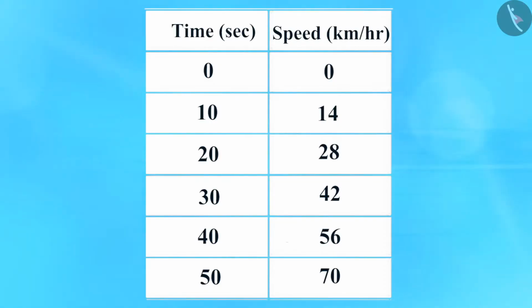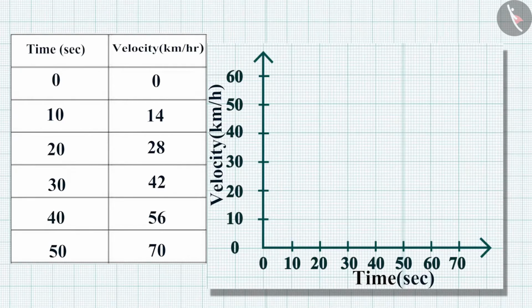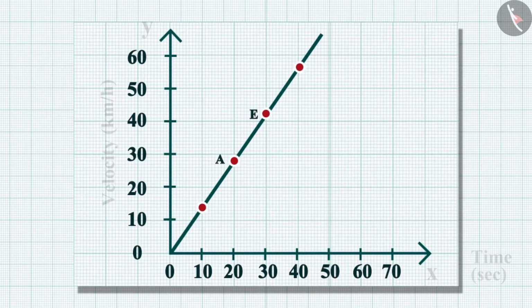Let's suppose the train driver records the velocity of the train starting from rest at each 10-second intervals. Can you plot the velocity time graph of this data? It should look like this. For uniformly accelerated motion, the velocity time graph is again a straight line.